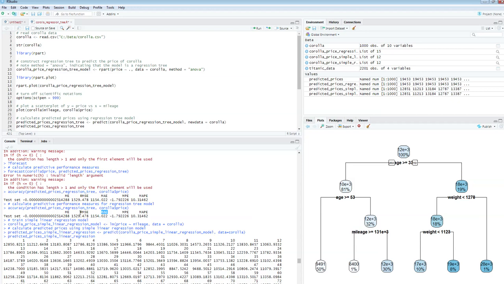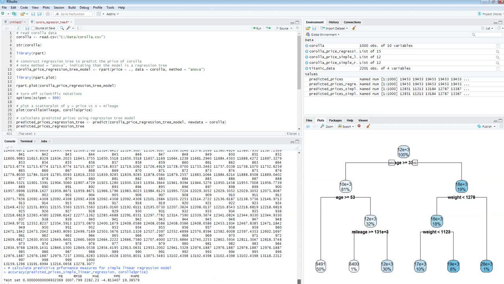What about RMSE, root mean squared error? 1529 for the regression tree and 3007 for simple linear regression. So again, my regression tree gives me a lower value for the error. So it's better. Predicting the price is closer.